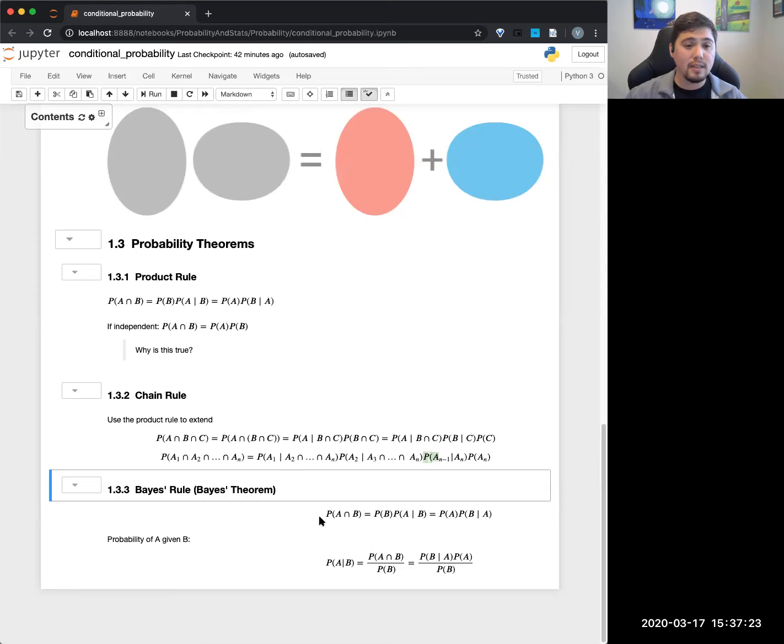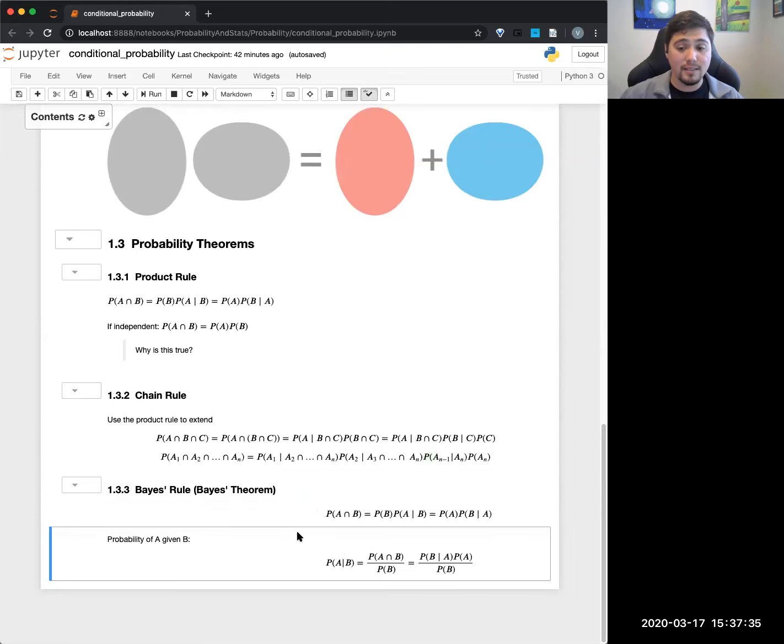We'll talk about this in naive Bayes classification, which is one of the early supervised machine learning algorithms, and actually does a really great job at things like spam detection.